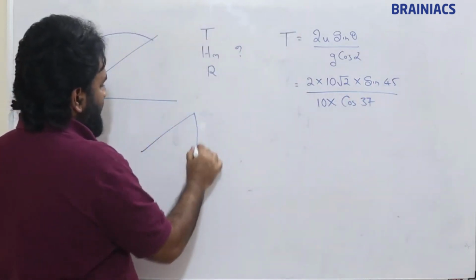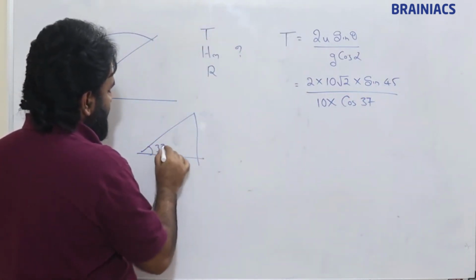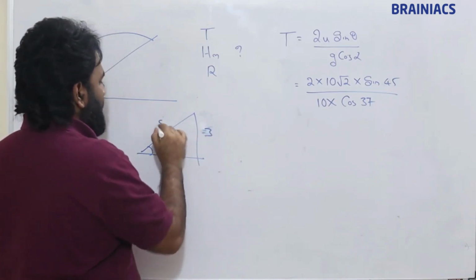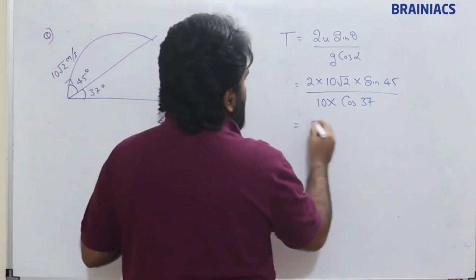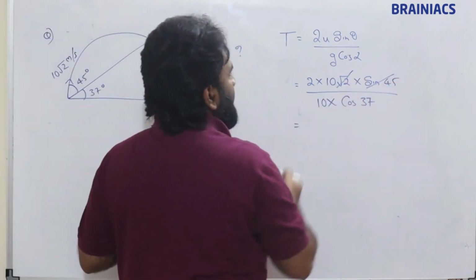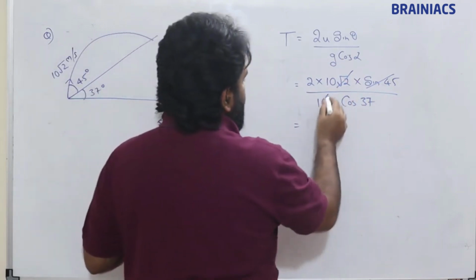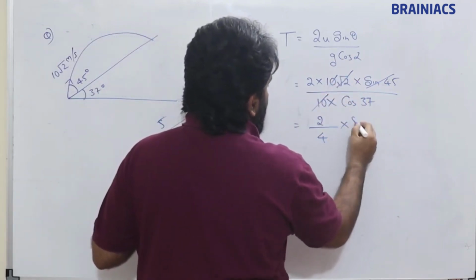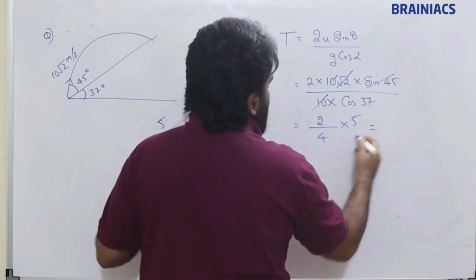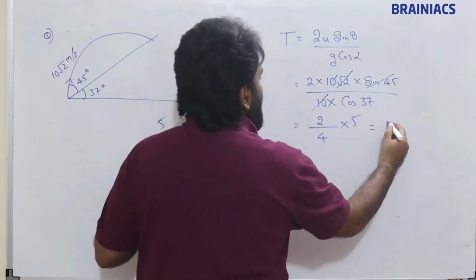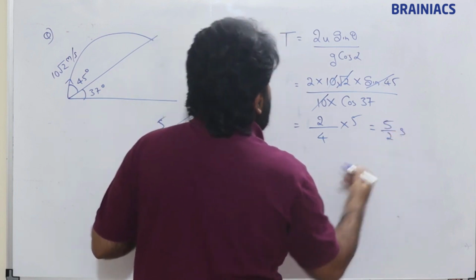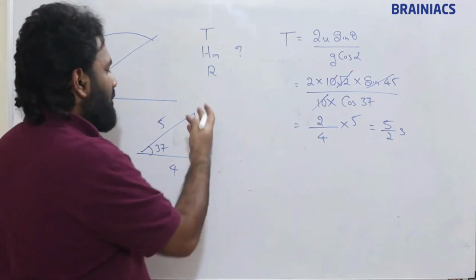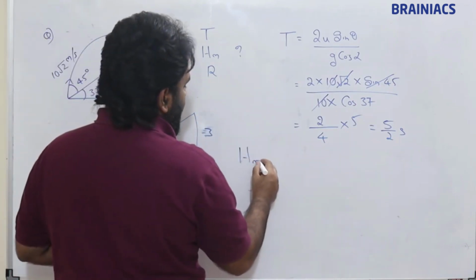So cos 37, we know if this is 37, this is going to be 3, this is 4, this is 5. Now we will substitute. So 10 root 2 sin 45 can be cancelled out. So this 10 can be cancelled out, and 2 divided by 4 into 5. So this is 10 by 4, 5 by 2 seconds. This is the time of flight, 5 by 2 seconds. Clear?